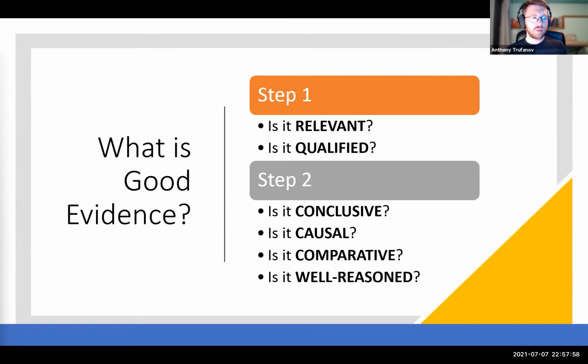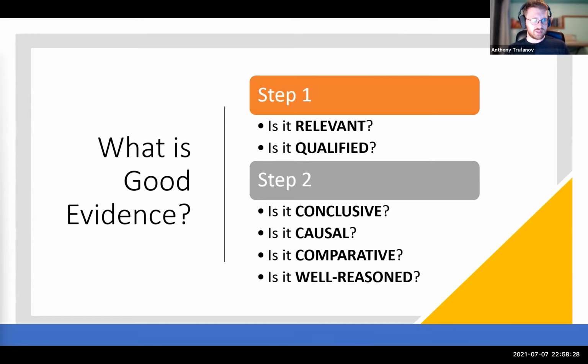In public forum, that's sometimes okay. I think Shanna described when it's okay, mainly when the study is super long and it's impossible to get a short quote from it. But most of the time, when you're citing a piece of evidence, you'll be using direct quotes from it. And based on those quotes, you can usually tell if the evidence is conclusive or if it meets some of these other issues that I'll talk about in a second.